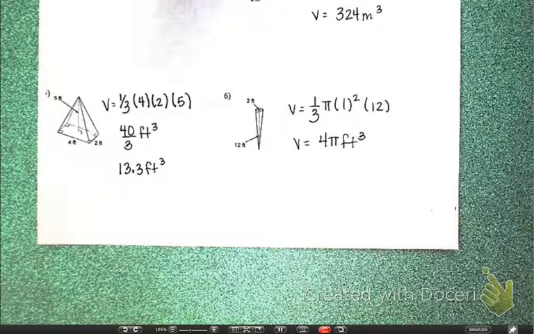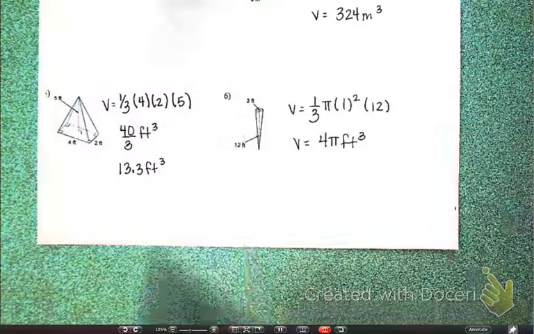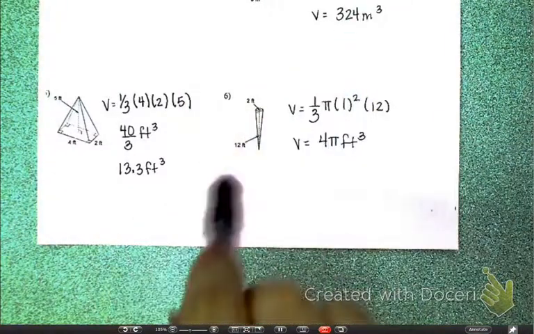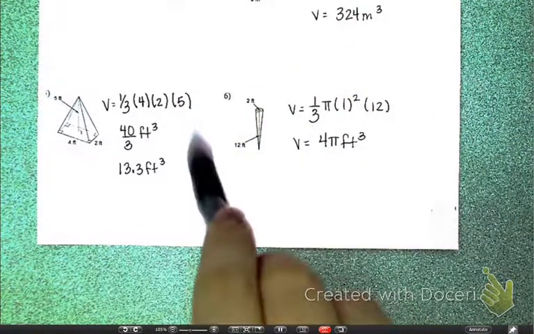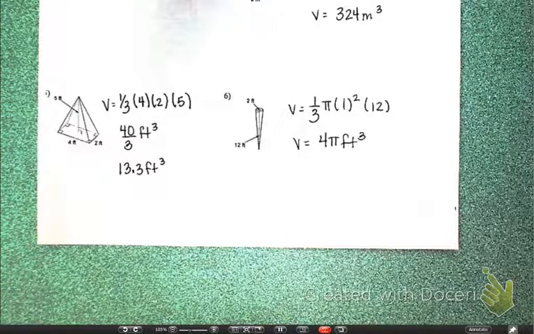How'd you do? Good? Okay, on Wednesday you have a quiz. This quiz will consist of pyramids, cones, prisms, and cylinders. Okay, so Friday's lesson and today's lesson. The new stuff you learn tomorrow won't be on it, but pyramids, cones, prisms, and cylinders. You also need to know the formulas for the quiz, so you need to memorize those formulas.